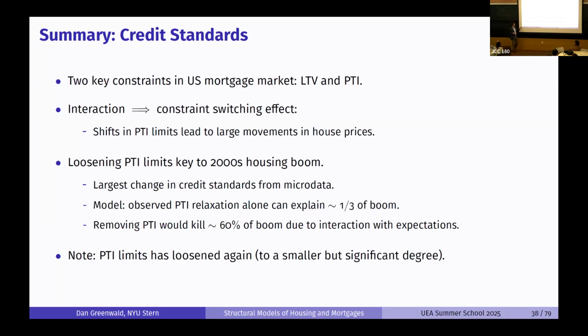And as was asked before, these limits are pretty loose again. So I don't know exactly what's going to happen going forward, but it could well be a contributor to high house prices or potential instability going forward. Because remember, when these things are loose again, expectations have much more freedom to run rampant. Okay, let's take a 5-minute break and then we'll do the second part.